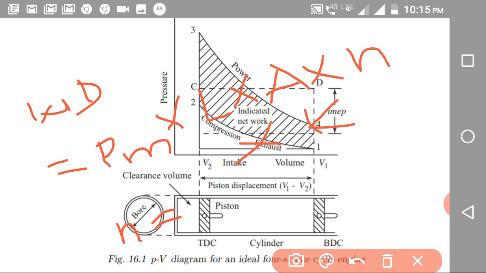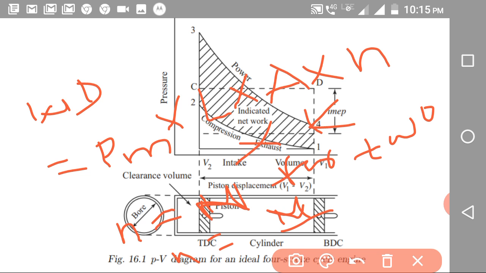Here n is the revolutions per minute. So the number of working strokes is equal to revolutions per minute for a two stroke engine, and n is equal to rpm divided by 2, meaning N divided by 2, for a four stroke engine. Therefore this equation will change.